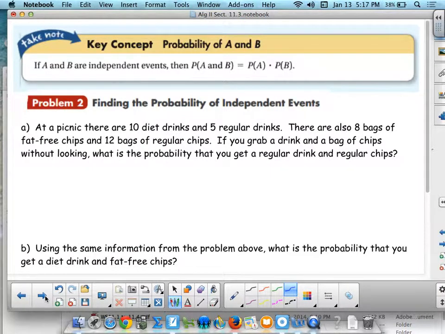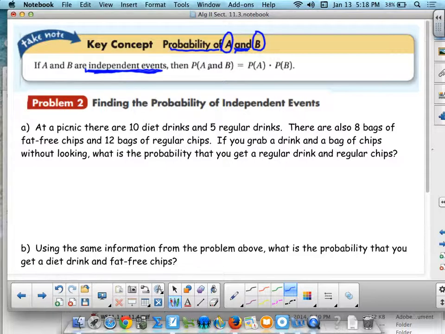All right, next page. This one talks about a quick formula for the probability of event A happening and event B happening. It says if A and B are independent events, so the probability won't change no matter what, then we follow this formula.